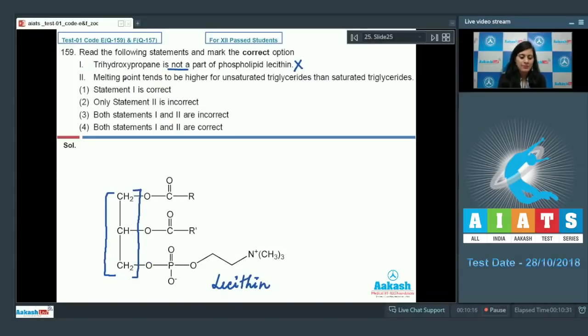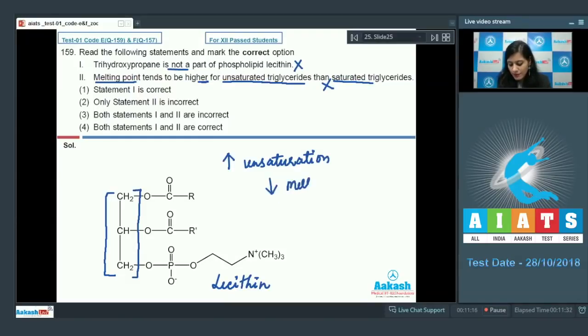The second statement is melting point tends to be higher for unsaturated triglycerides than saturated triglycerides, and this is an incorrect statement because as the degree of unsaturation increases, it will lower the melting point of fats, which means the more unsaturation, the lower will be the melting point.